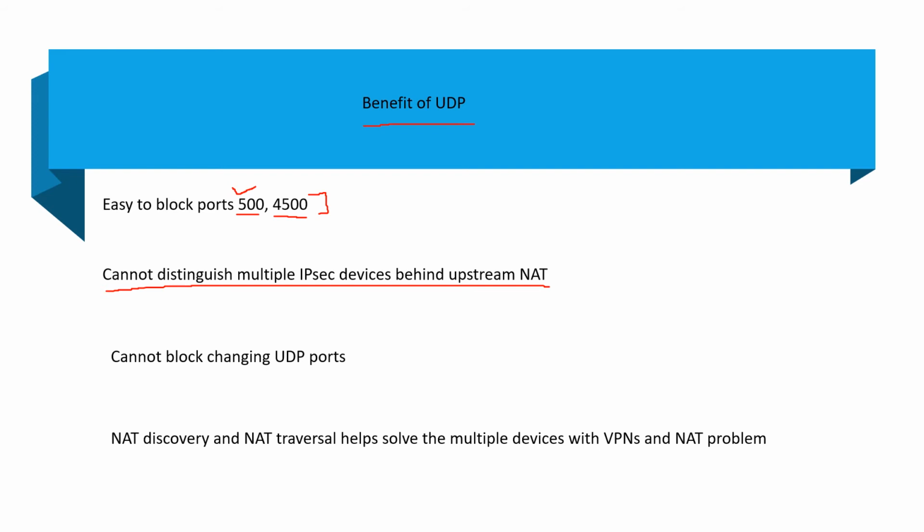So with a wide range of UDP ports, the benefit is they cannot be blocked by your ISP. Then you have NAT discovery, and NAT-T helps solve the problem of having multiple IPsec VPN devices behind the NAT. We will talk more about what topologies are supported and what is not supported going forward.